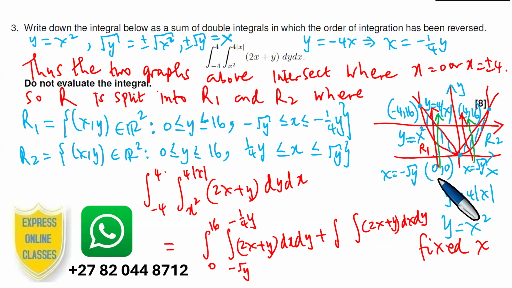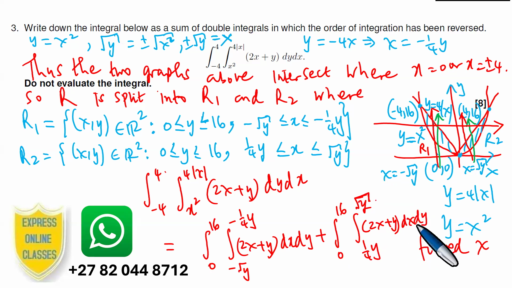And then here you come to region 2, but y in this region is also still from 0 to 16. What is x? X is 1/4 y to the square root of y. So this is exactly what we have.